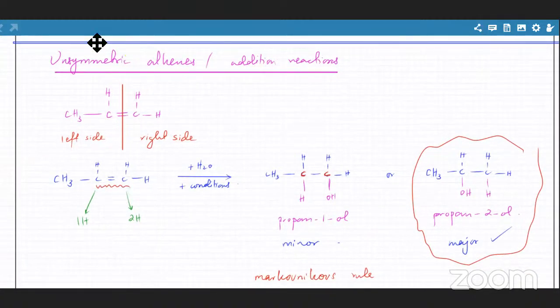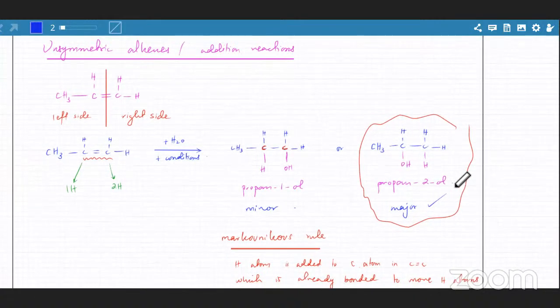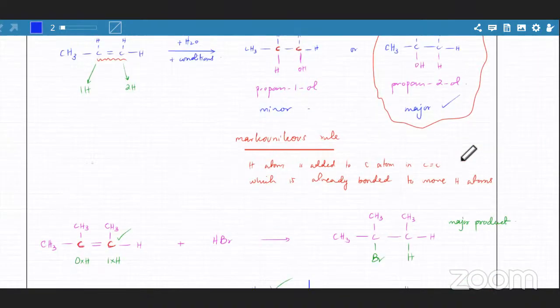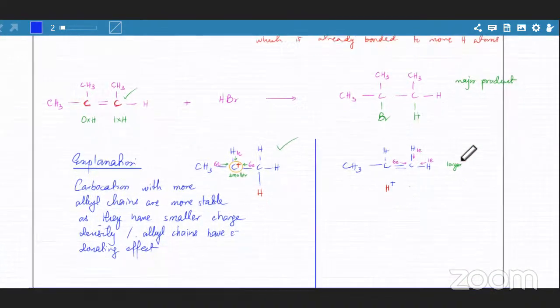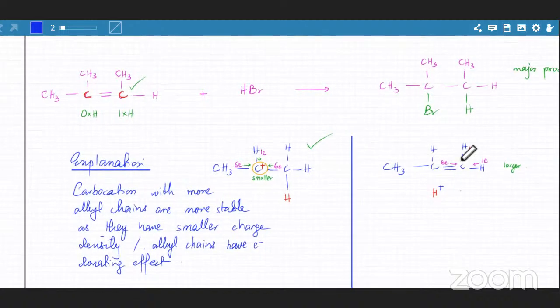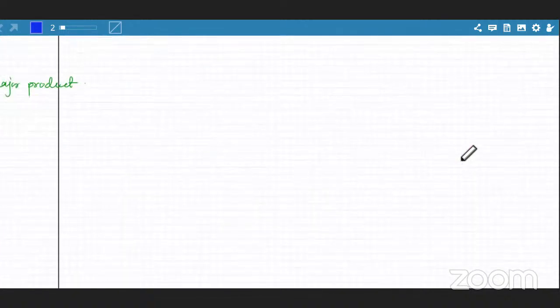Why do we have to look at the double bond, and why do we have to figure out where the H would get attached to? Whether it's going to be a minor product or a major product? Why does H like to bond with the carbon that's already bonded to more hydrogens? Now, the rule is simple, but the logic behind the rule, I would have to actually explain this all over again. So it depends on the carbocation stability.